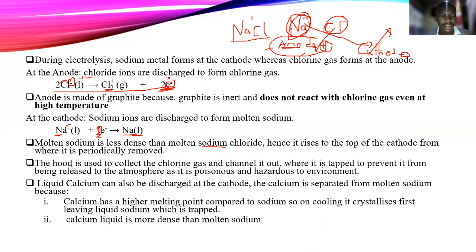The hood is used to collect the chlorine gas and channel it out, where it is trapped to prevent it from being released to the atmosphere, as it is poisonous and hazardous to the environment.